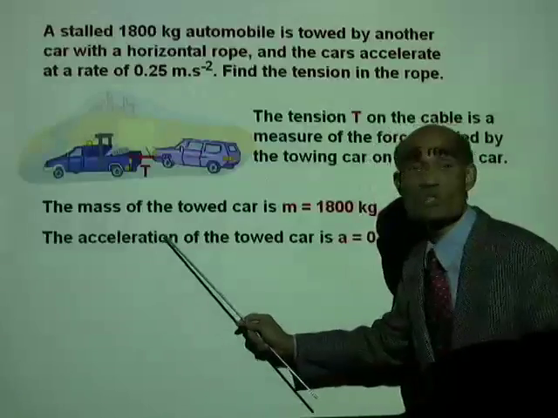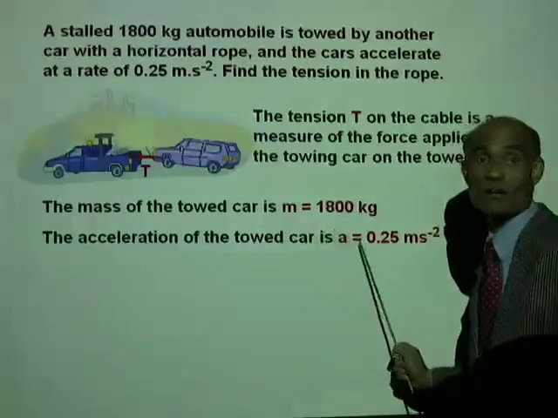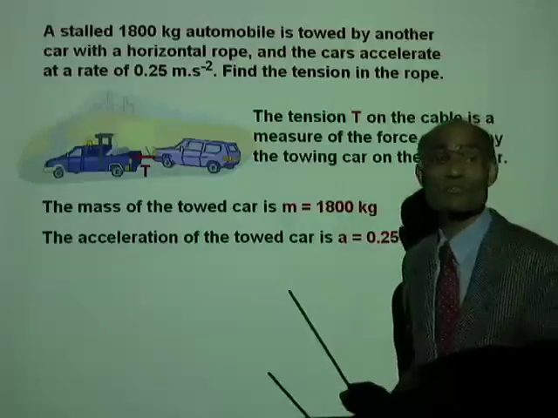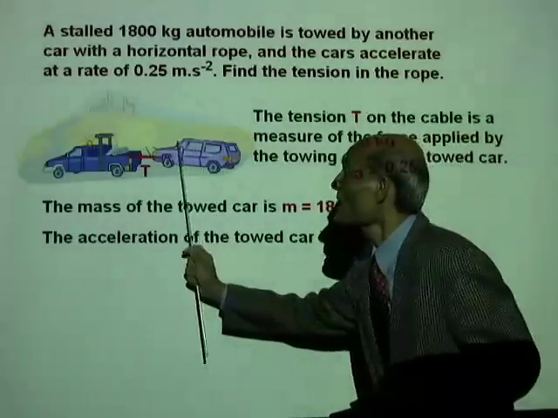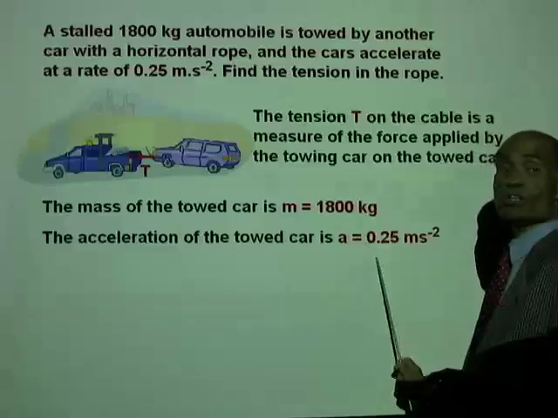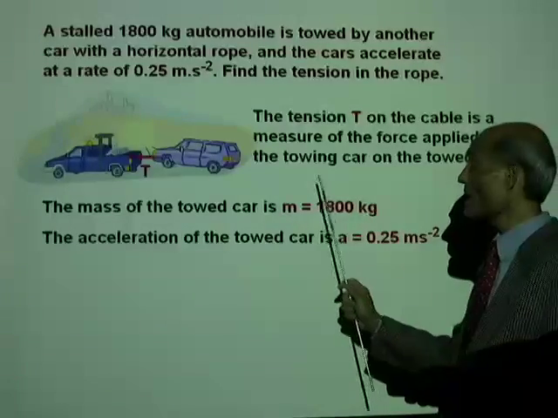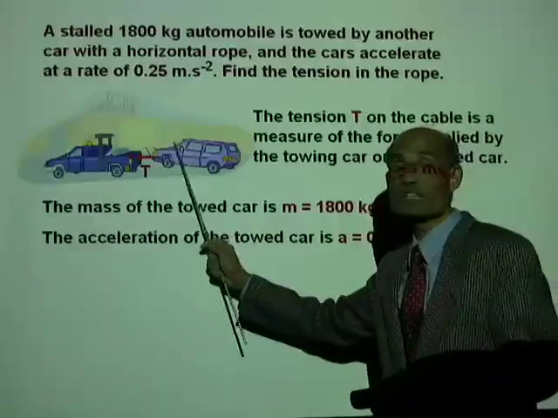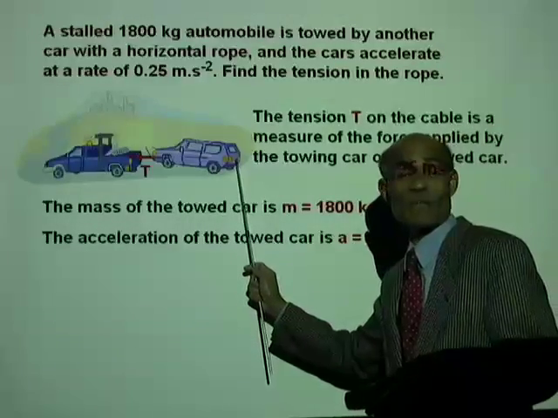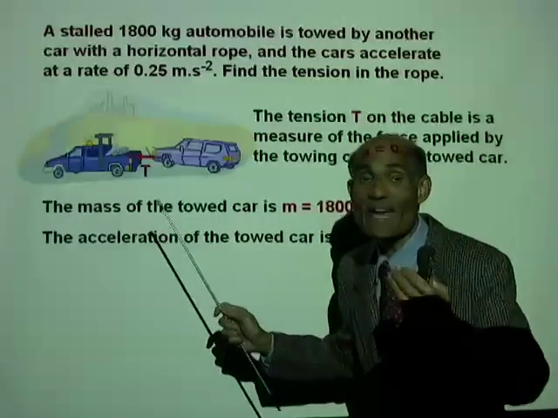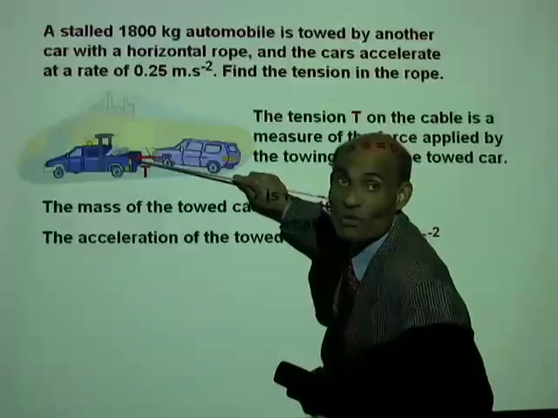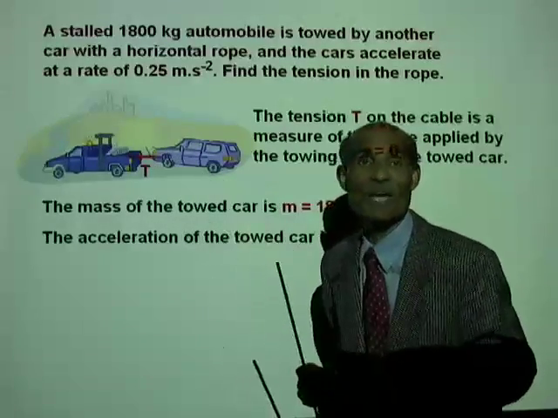The acceleration produced on that car is 0.25 meter per second squared. So, an acceleration of 0.25 meters per second squared is produced on a mass of 1800 kilogram, and that can be done only by a net force. What is that net force? That net force is the tension on the cable.